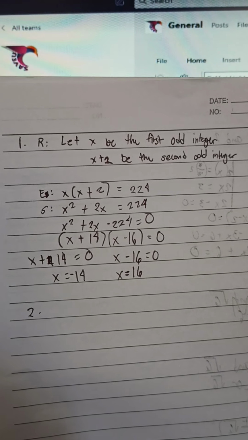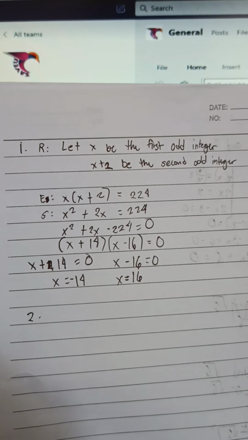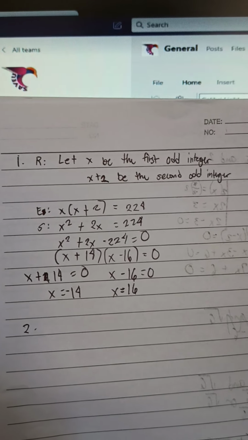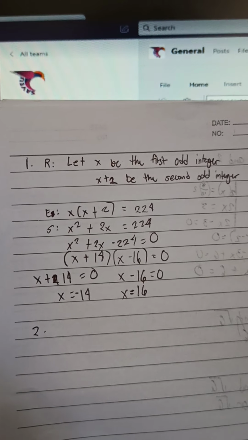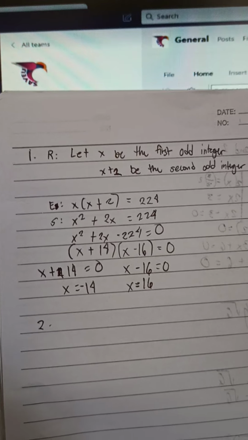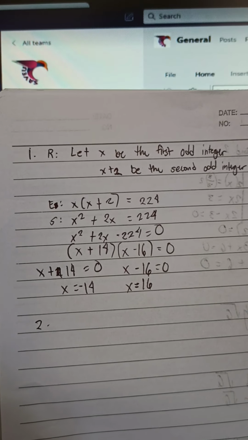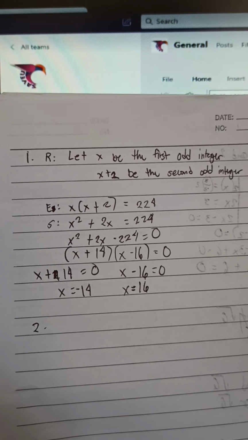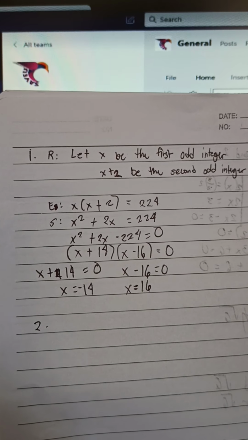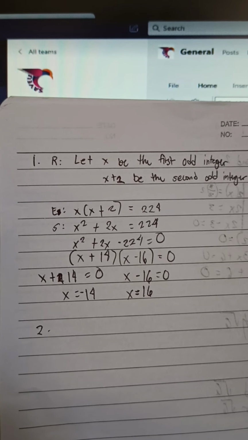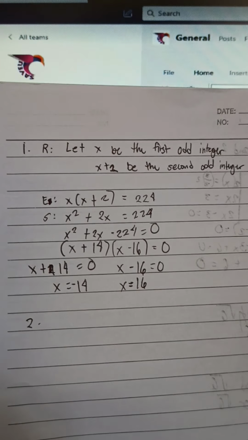And we are going to factor it, and it will become x plus 14 and x minus 16 equals 0. On the left side we have x plus 14 equals 0. In order to cancel out 14, we need to add the opposite number, so x will be negative 14.